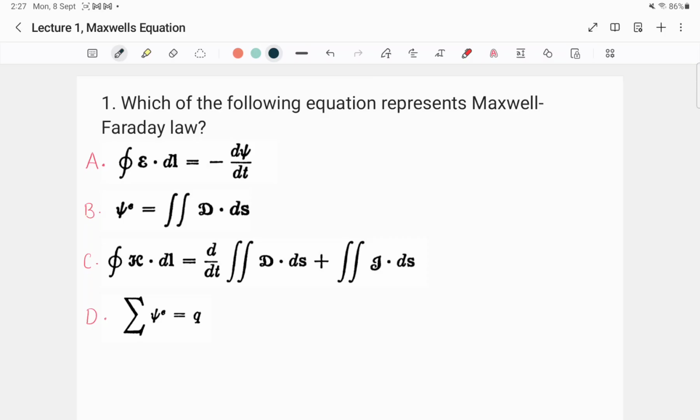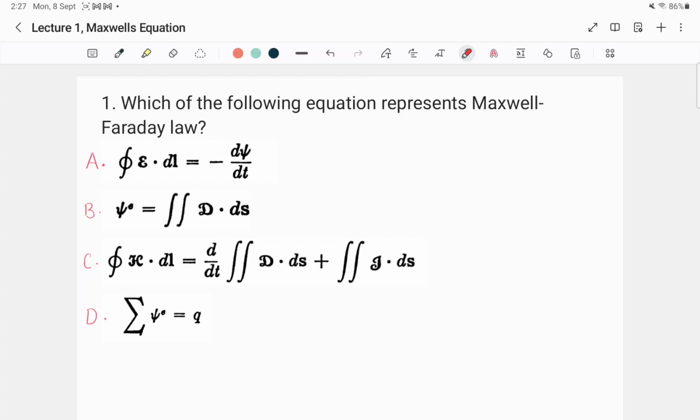So you have 4 options, A, B, C and D. What I need you to do is look at all these equations and think whether these equations represent Maxwell's equation in differential form or integral form or mixed form or entirely in circuit form.